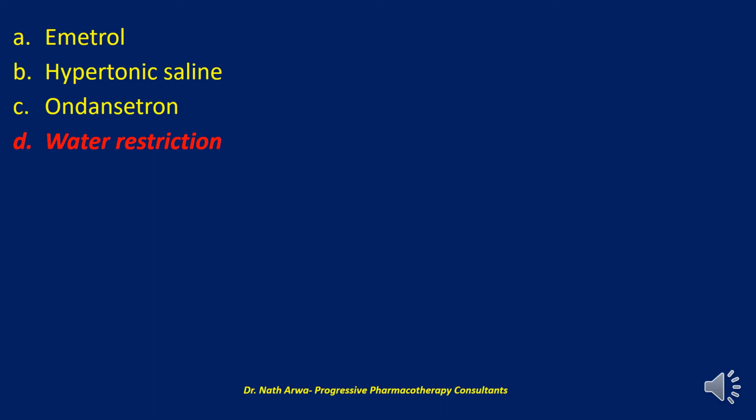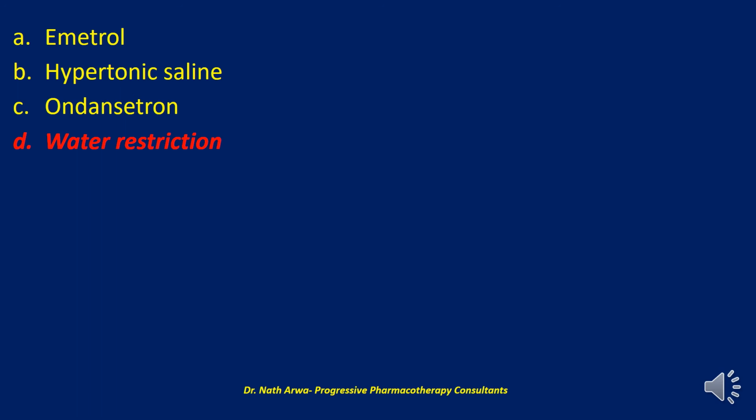Now, phosphorylated carbohydrate solution like Emetrol is used to manage nausea, and hypertonic saline is used for acute symptomatic hyponatremia to provide immediate improvement of symptoms, especially when patients are seizing, when they're experiencing seizures.